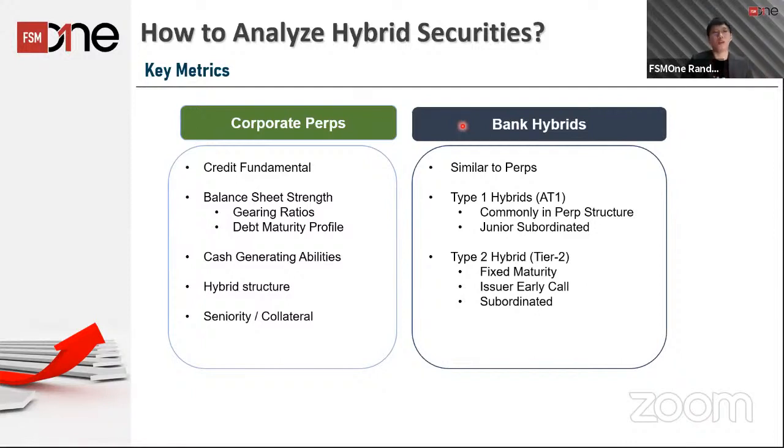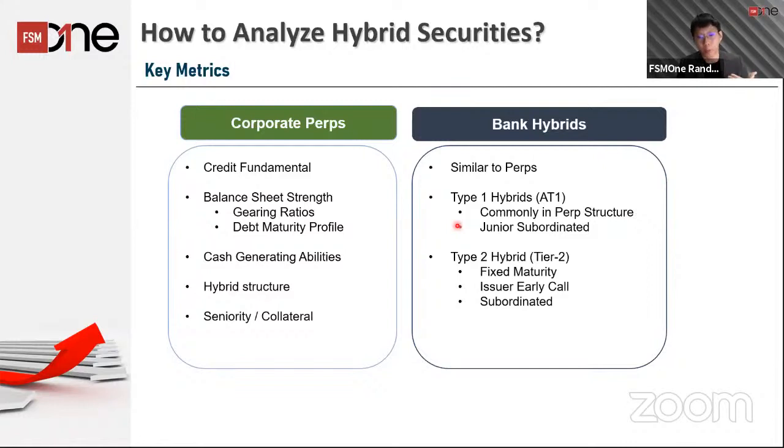But if you want to have some idea of whether a bond is ranked as an AT1 bond or a tier 2 bond, here are some tips. AT1 is ranked below tier 2 bonds, and AT1 bonds are normally issued in a perpetual structure. The seniority of this bond is normally at the junior subordinated rank.